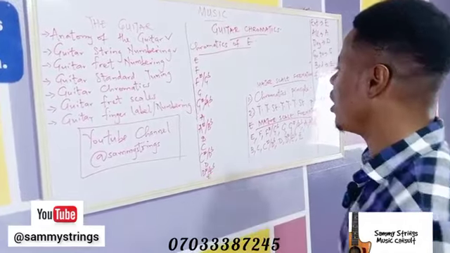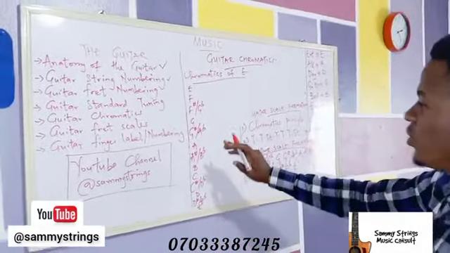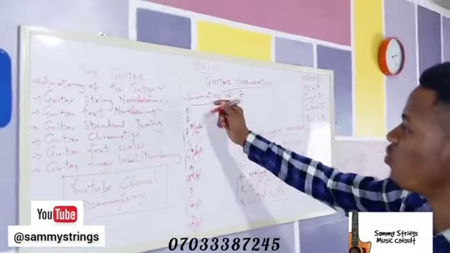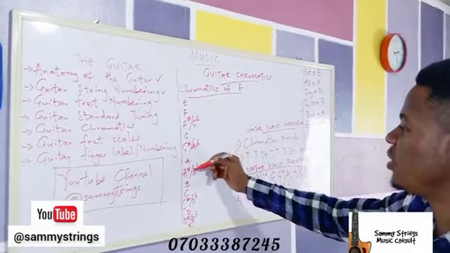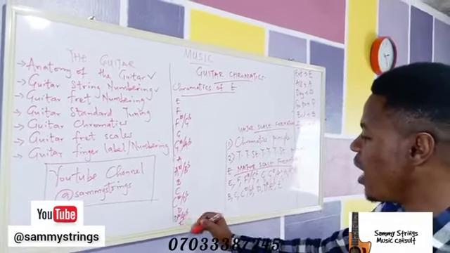So this actually talks about the chromatics of E. So let's count. We have 1, 2, 3, 4, 5, 6, 7, 8, 9, 10, 11, and 12. So this forms a higher octave of the same key that starts this.